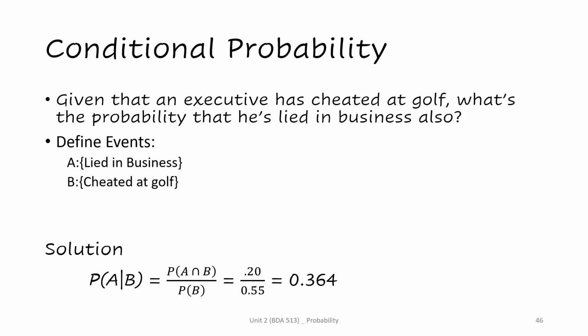I'm asking if always the probability will be what we are finding. As right now, we said A is lied in business. So there won't be a scenario whereby I will say my A is cheated at golf. That's what I'm asking. So the A is what we are finding, and then we know the B. So that's why the B is given.